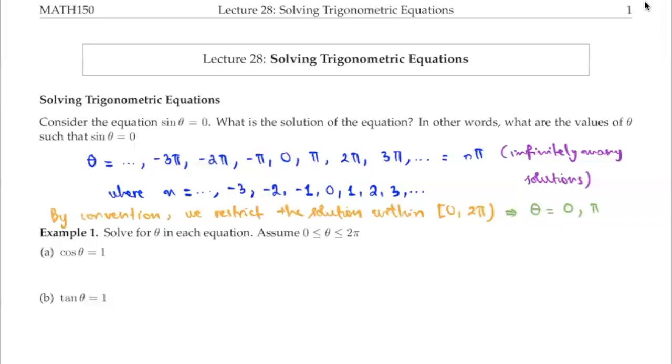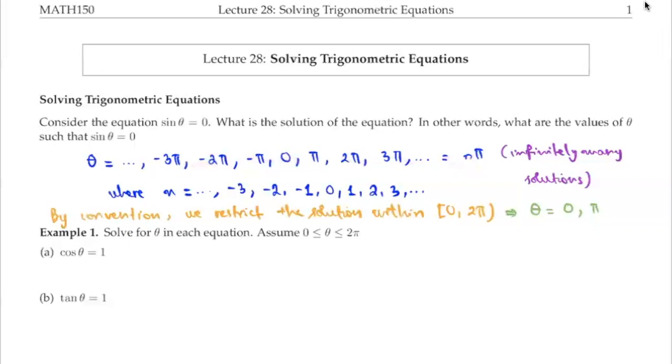Because of that, it's very difficult to come up with a general form of the solution like this. Therefore, by convention, we restrict the solution within 0 and 2 pi. So instead of writing infinitely many solutions, you just have 2 solutions. Okay, so I hope that helped.